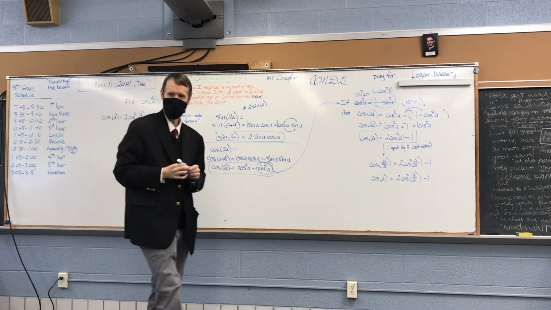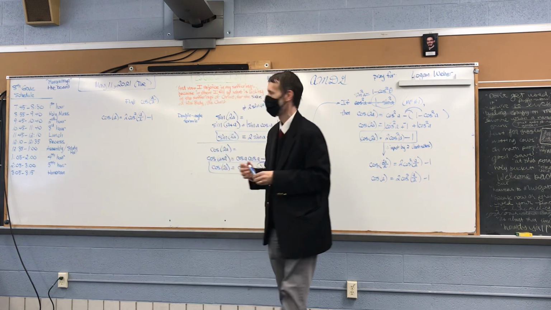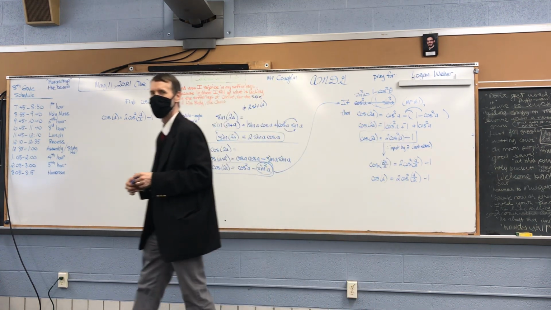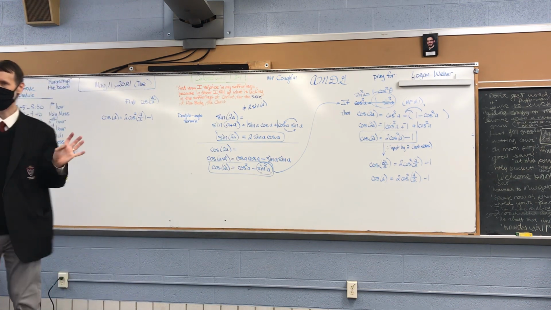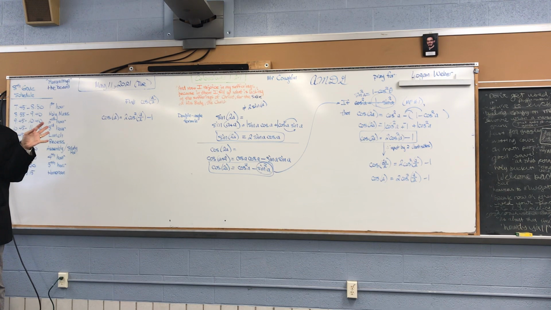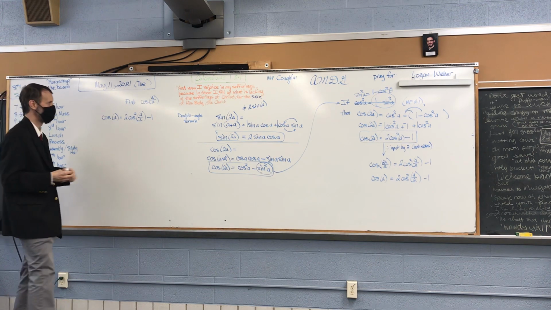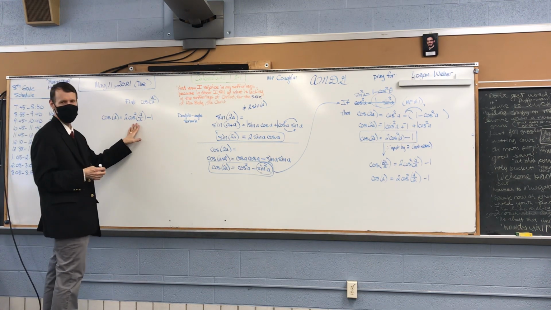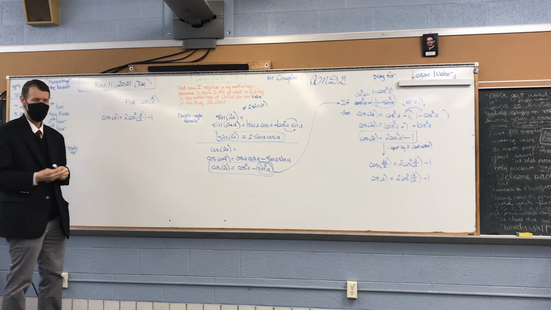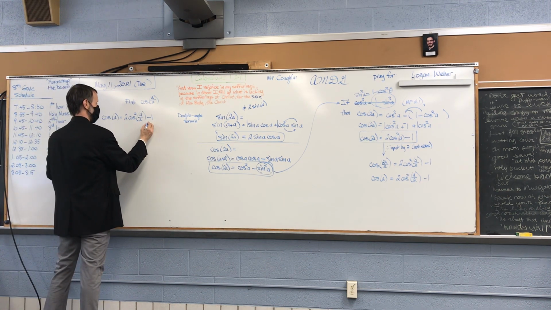Algebra people, you need to do 3 steps to do that. Walk me through it. I want cosine of A over 2 by itself. What do you have to remove? What do you have to get rid of? What's the very first thing you have to get rid of on this side? How do you get rid of the 1?